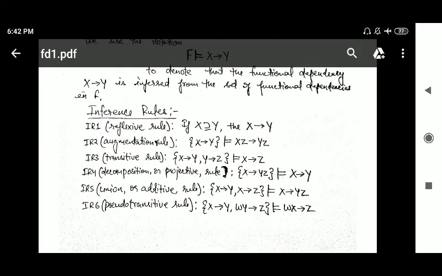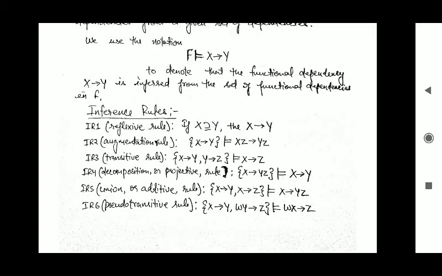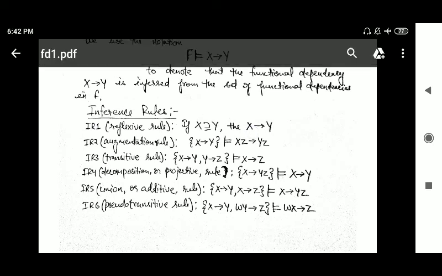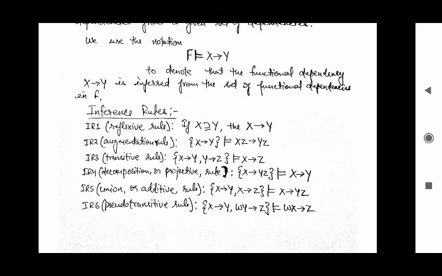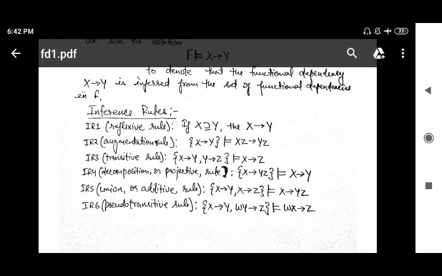The first inference rule is called the reflexive rule and it states that if Y is a subset of X, then the functional dependency X implies Y holds. Second is the augmentation rule. According to this rule, if the functional dependency X implies Y holds, then XZ implies YZ can be deduced from it.